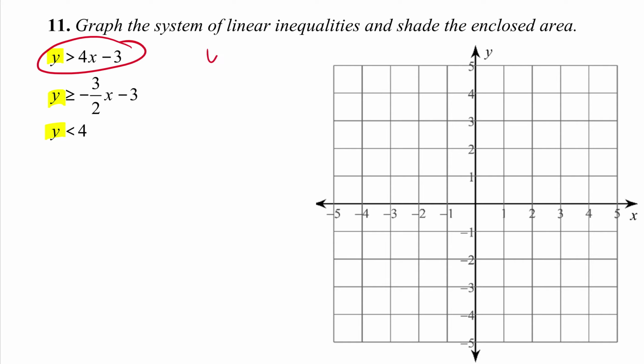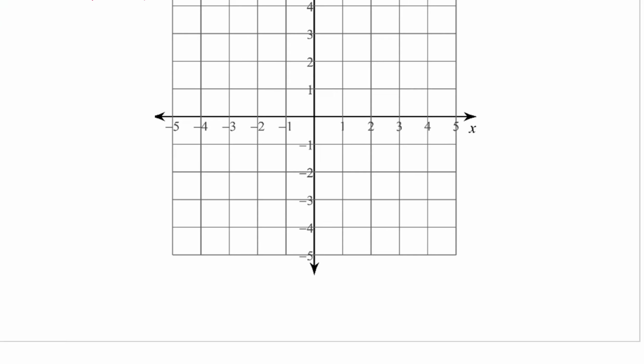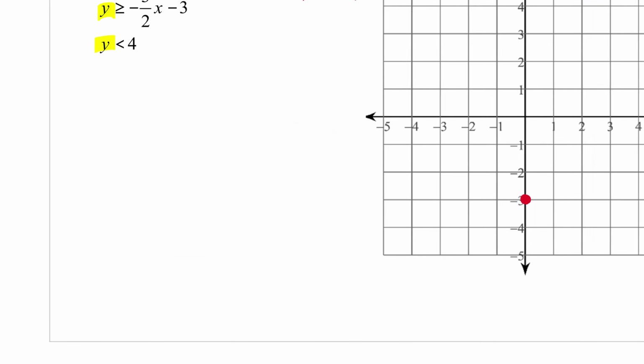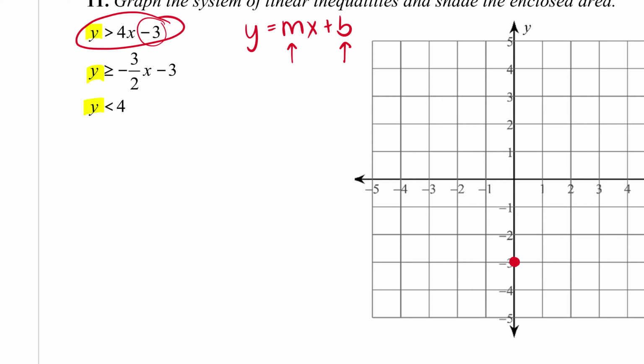So if you forget or have forgotten, we have y equals mx plus b. B is where you start. M is your slope, right? You're up and over or you're down and over. So b, our b on this one is minus 3. So let's go over here and start at negative 3. There's a point. Now my slope is 4x.